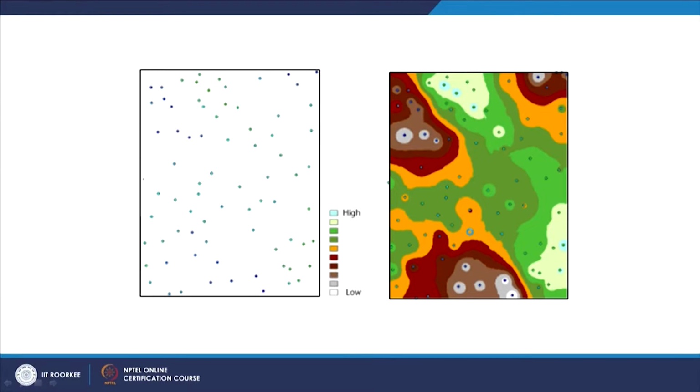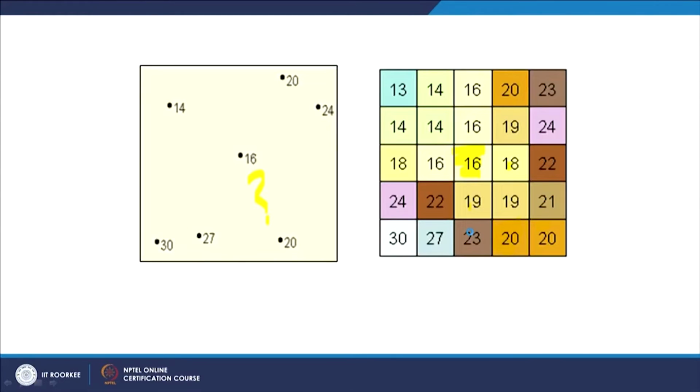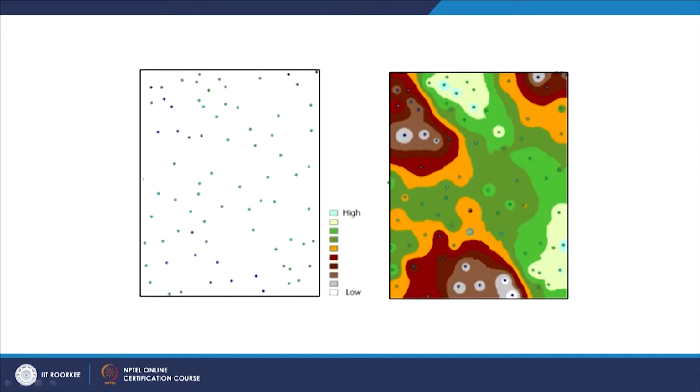But if you are having just a few points as input for spatial interpolation, the level of confidence in your output may not be as high as in this case. So, one has to remember, if possible, bring as many observations or points as possible before interpolation, so that if you are having more observations, it is likely that you will get high accuracy.